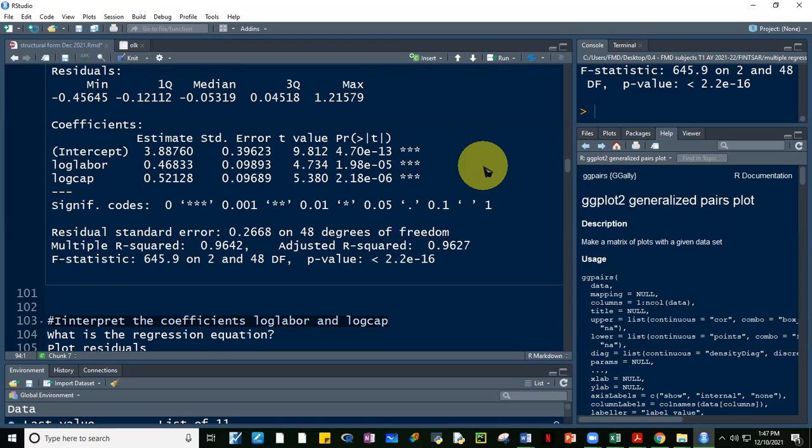Okay, let me repeat that. For every 1% increase, percent ang tinitingnan natin, percent in labor. Notice I did not say for every 1% increase in log labor. Ang sabi ko, for every 1% increase in labor, isulat na nga natin dito, guys, para dapat ina-notes nyo yan.